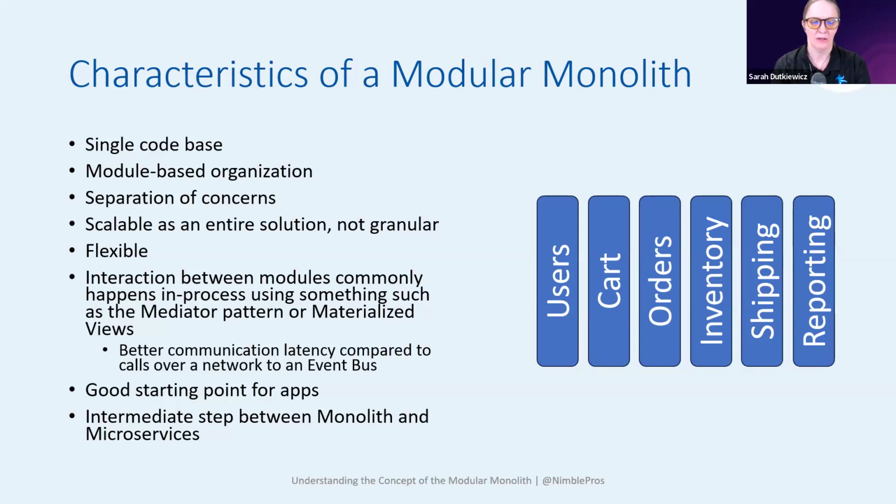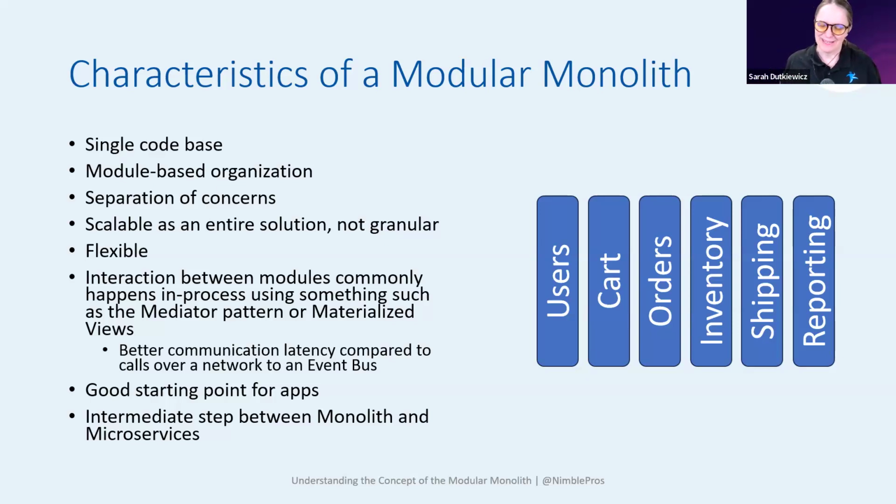If you go in with a plan of having these modules broken up and then creating them, it's a good starting point. The other thing I use modular monoliths for is as an intermediate step between the regular monolith and microservices. And I say regular monolith, yes, a modular monolith is still a monolith, but it's a good stepping stone towards microservices.